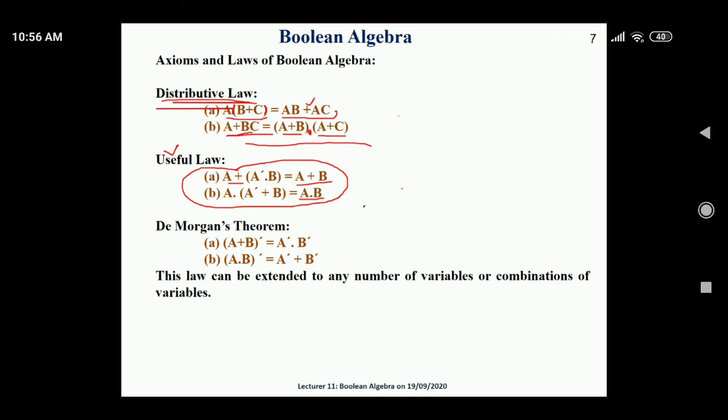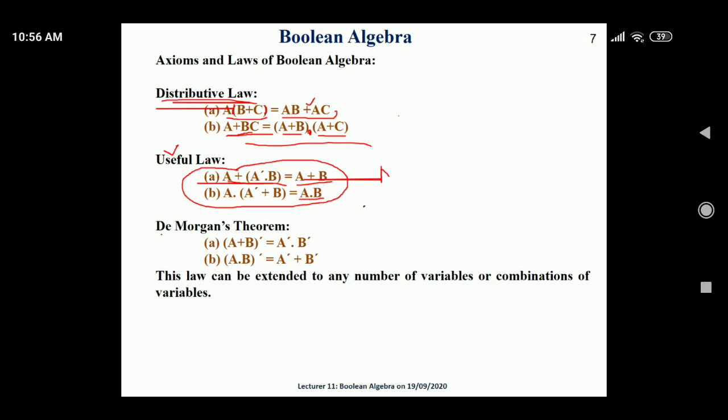You can try it yourself, it is very easy. How do we get A plus B? Here you can insert B plus B bar, because B is missing, and we can derive this: A plus B. So this is called a useful law.